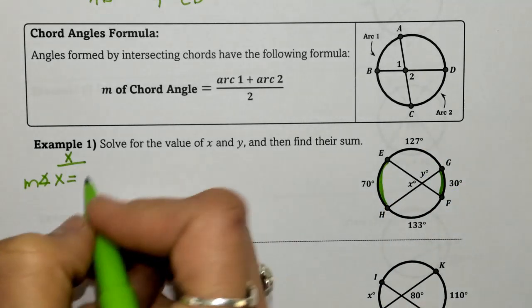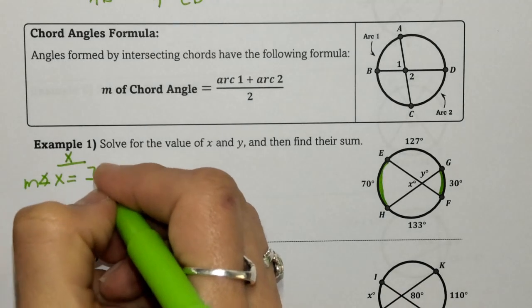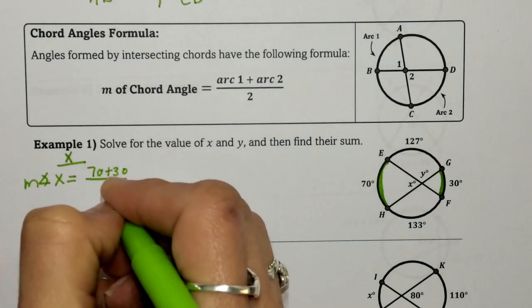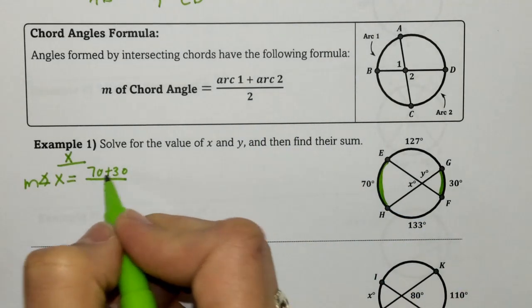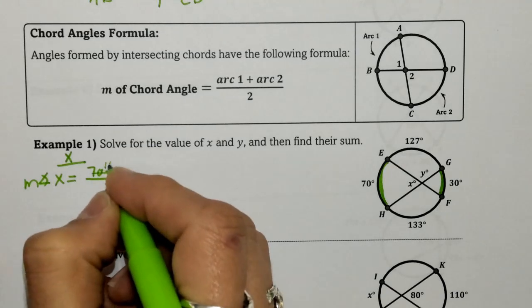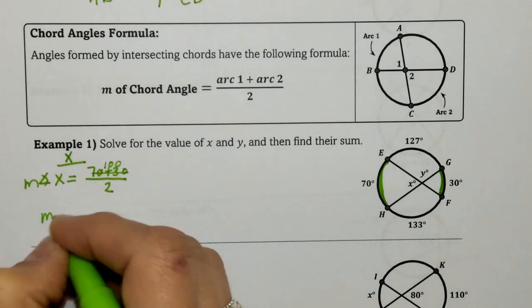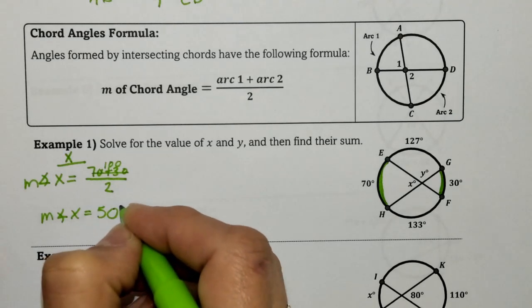It doesn't matter whether you do 70 plus 30 or 30 plus 70 when you're adding. We're going to take that 70 plus the 30 and divide it by 2 following this formula. We get 100 divided by 2, so the measure of angle x is going to be equal to 50 degrees.